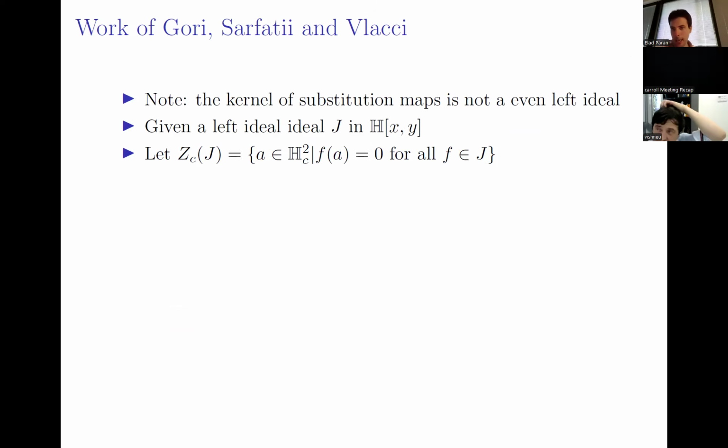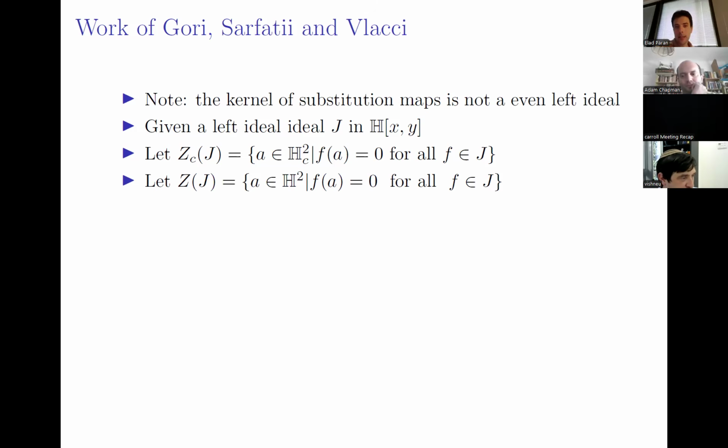I will override the notation I had before and I will write Z_C(J) to be all points in the central affine space where the elements of J vanish. And I'll define Z(J) to be all points in H squared where every element of the ideal vanishes.